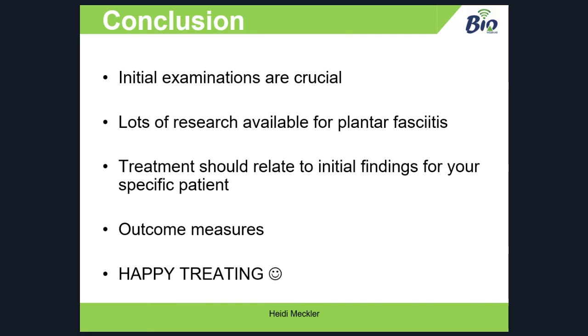And we're just about getting ready to bring it to a conclusion now. So to sum it all up, the most important thing is not just making the right diagnosis, but working out exactly what's causing the problem in your patient, and remembering that every patient is different. Now I've talked far more about the causes and diagnosis of plantar fasciitis than I have about the treatment, and that's because you really have to keep it real.